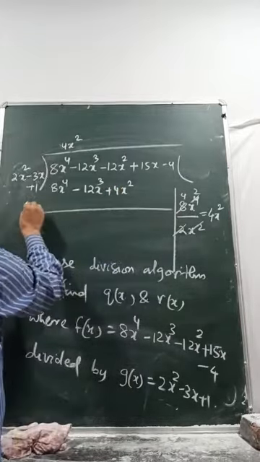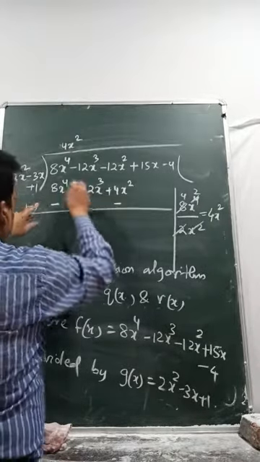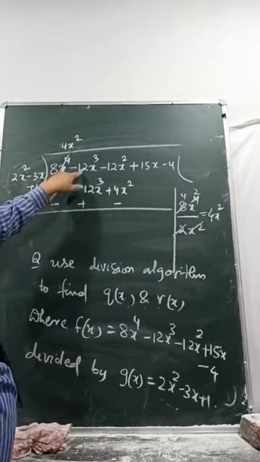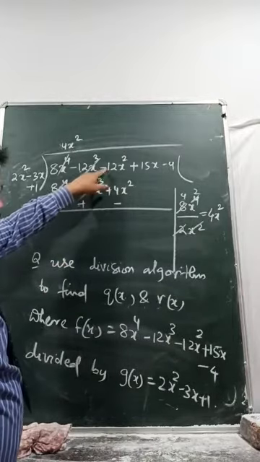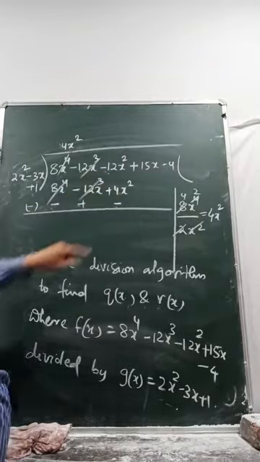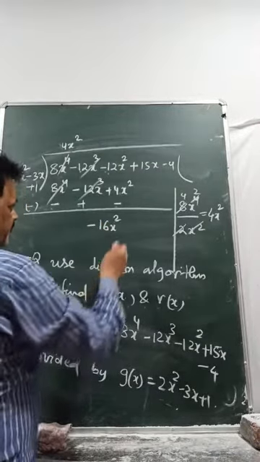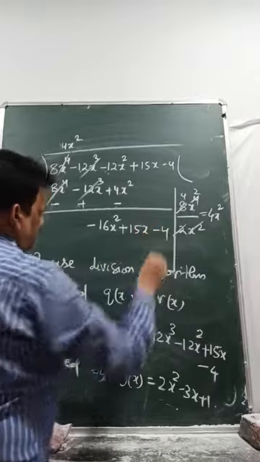When I subtract, this is minus, this is plus, this is minus. The same terms with opposite signs cancel, and again cancel. What's left is minus 12 minus 4, minus 16x square plus 15x minus 4.